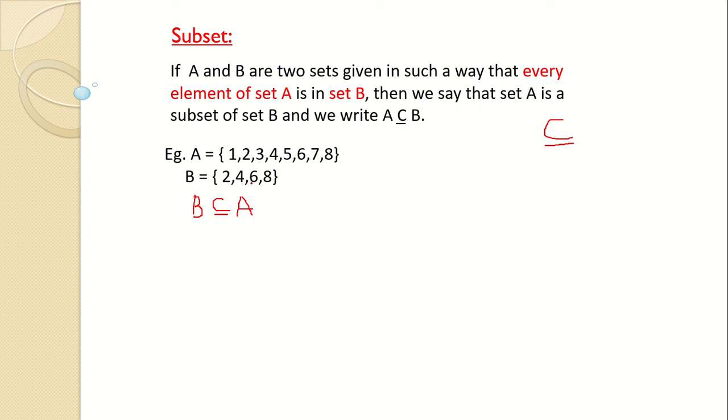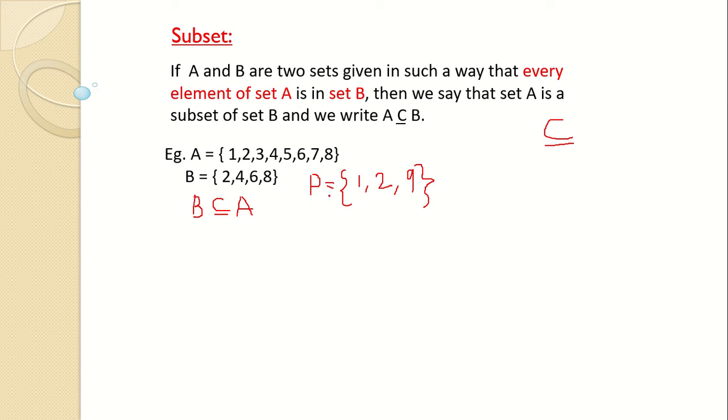Now suppose I give you one more example wherein we have 1, 2 and 9. Let's say I give it a name, P, and this set has elements 1, 2 and 9.